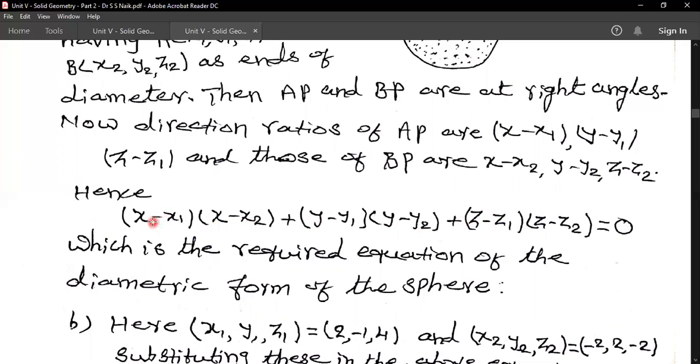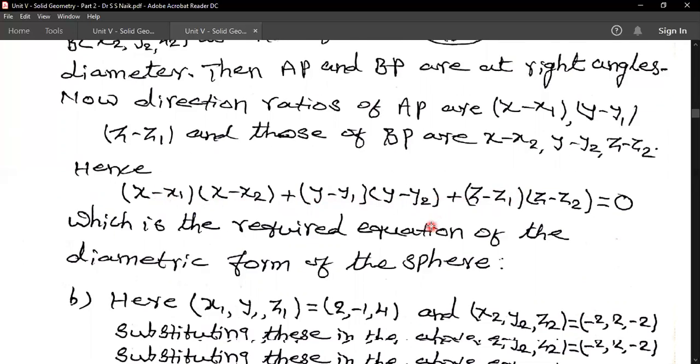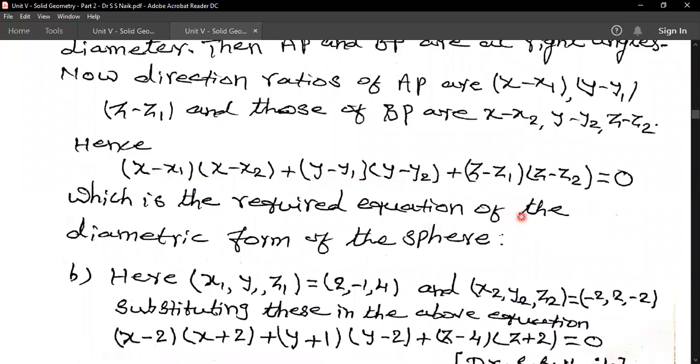Therefore, by applying that formula, we have (x minus x1)(x minus x2) plus (y minus y1)(y minus y2) plus (z minus z1)(z minus z2) is equal to 0, which is the required equation of the diametric form of a sphere.